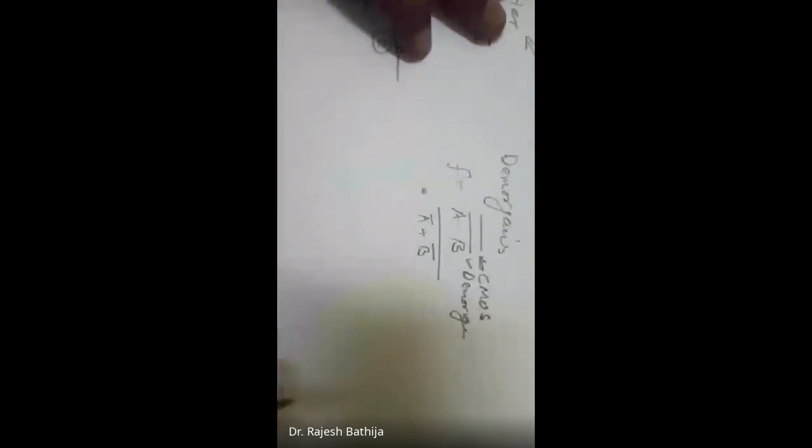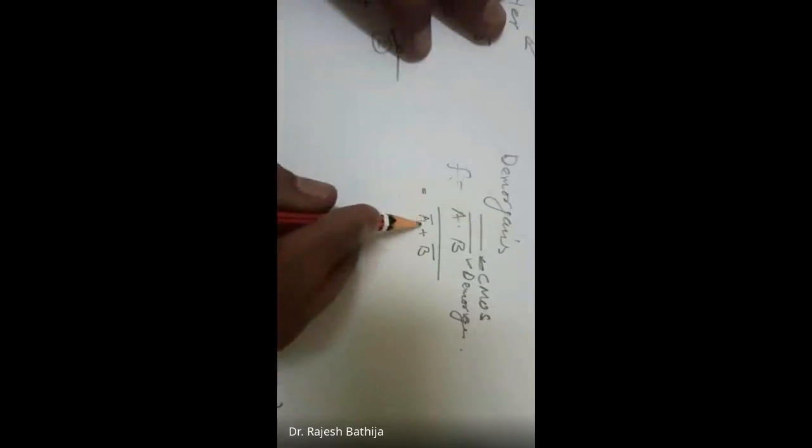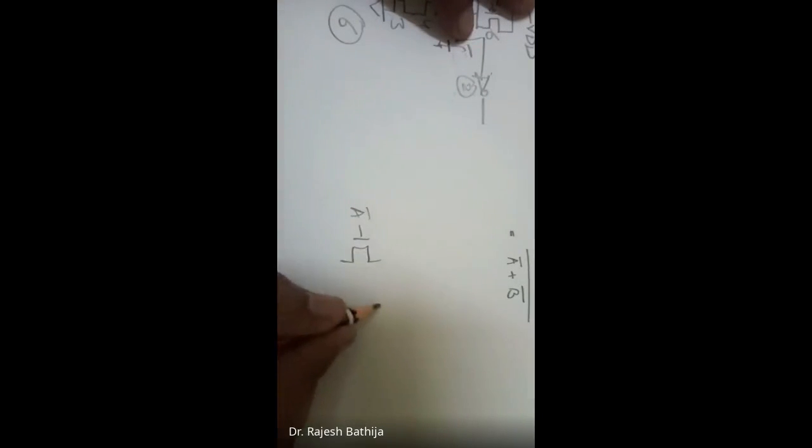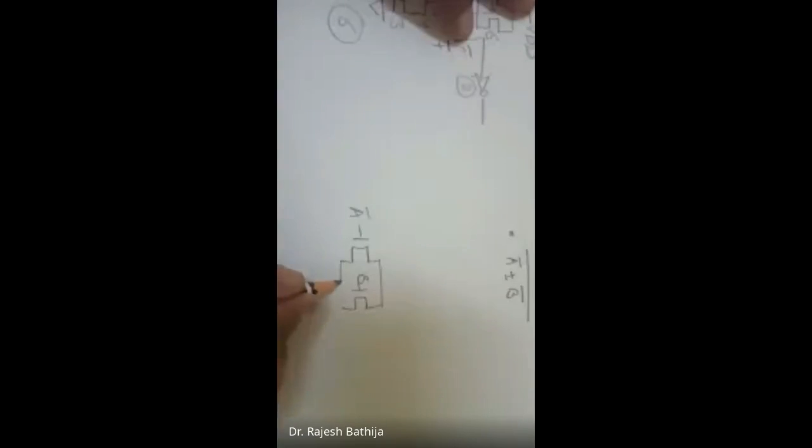Now, if I build this with CMOS, A bar plus B bar, here it is A bar, here it is B bar. This plus indicates parallel here in the pull down network, so that's why we have to put it over here.